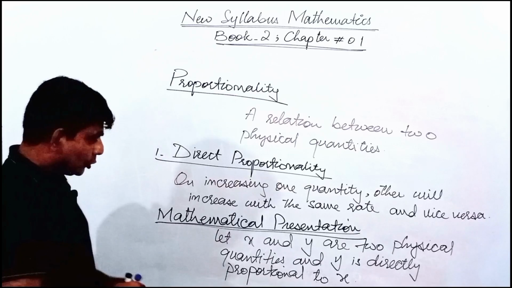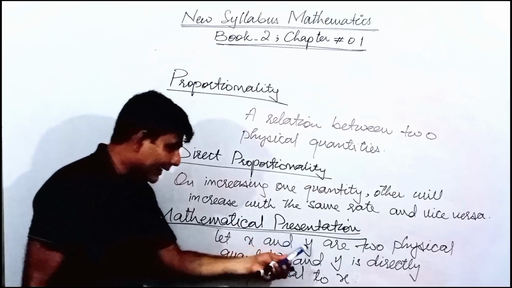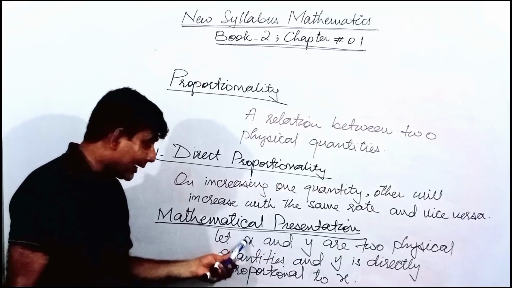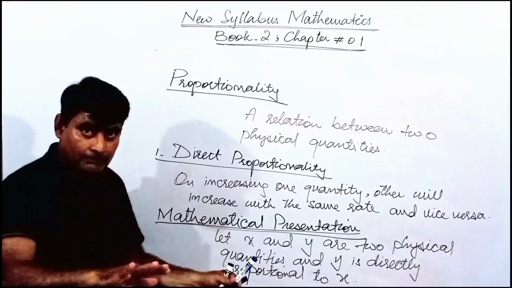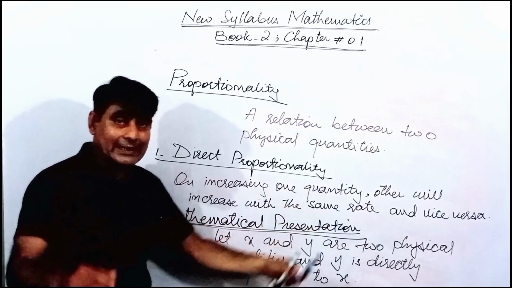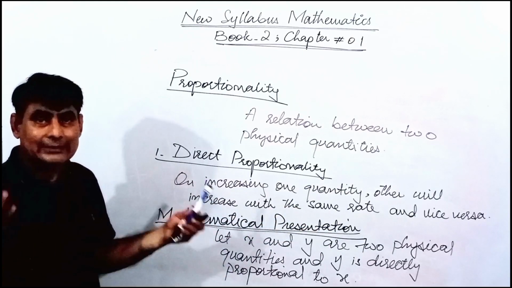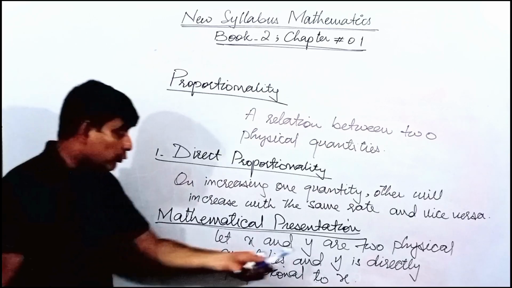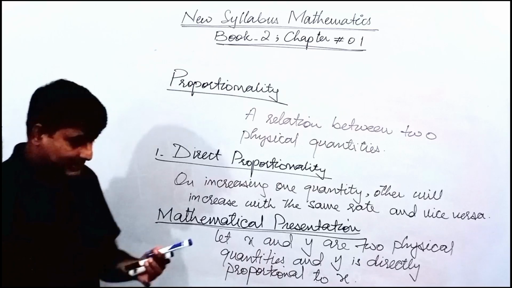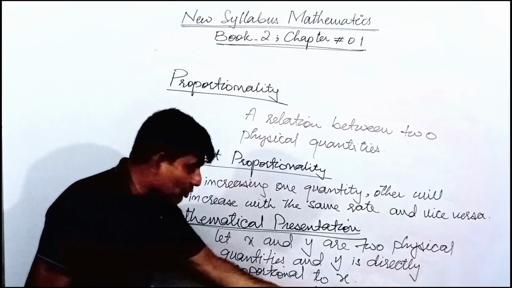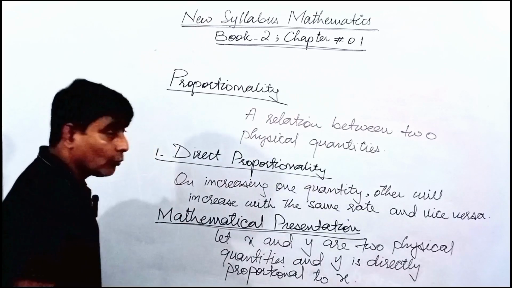Okay, so two physical quantities x and y. One of them depends on the other. So according to the definition, on increasing one, the other one will increase. On decreasing one, the other one will decrease. So it means if y is directly proportional to x, how can one write this?